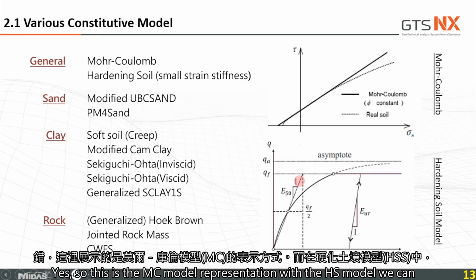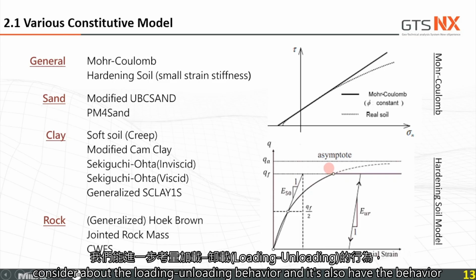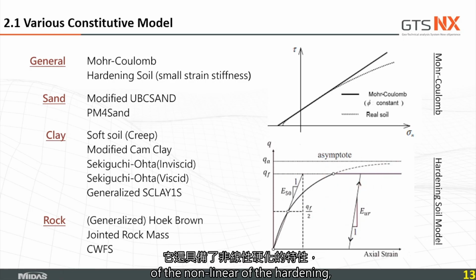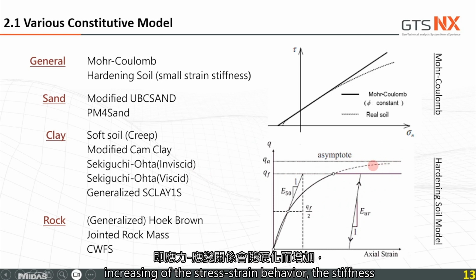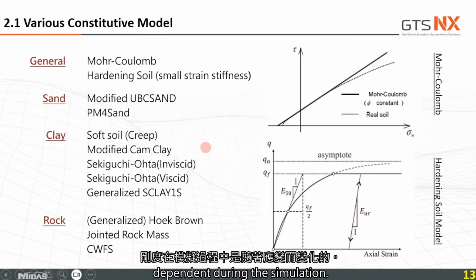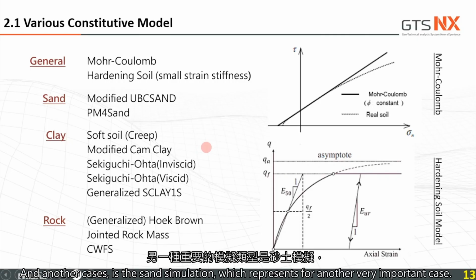With the hardening soil model, we can consider the loading and unloading behavior, and it also has the non-linear hardening behavior, the increasing stress-strain behavior, with stiffness dependent during the simulation.